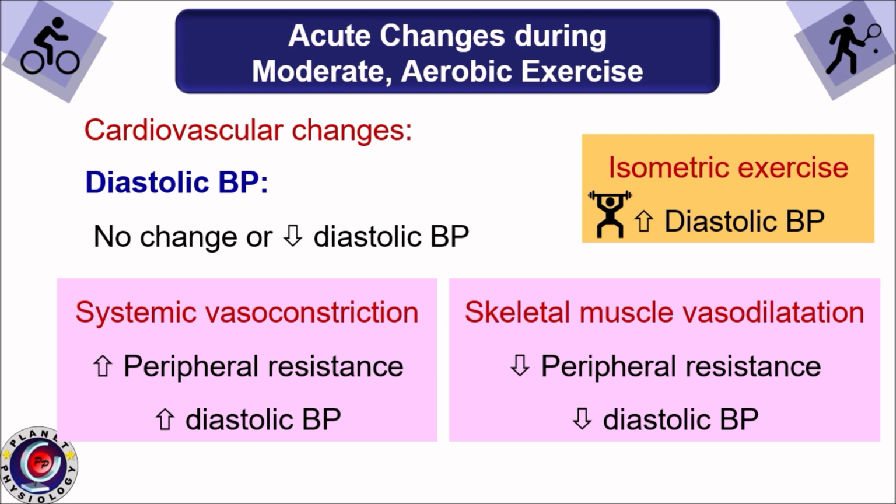Usually in aerobic exercises of moderate degree, there will not be any change in the diastolic pressure. But in case of isometric exercises, diastolic blood pressure will definitely rise. And this is the reason why during the cardiac rehabilitation, isometric exercises are not suggested, but importance is given only to mild to moderate aerobic exercises.